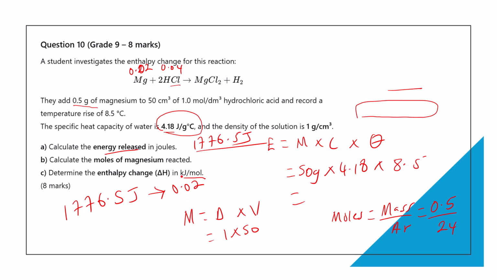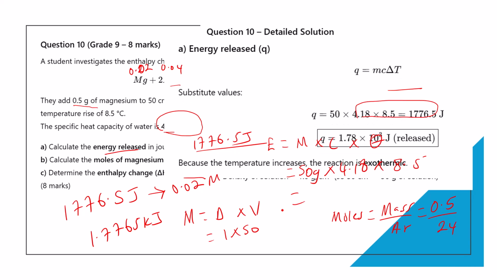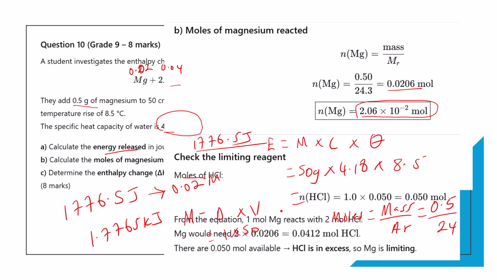But they are talking about kilojoules per mole. You can change this to kilojoules by dividing by 1,000, and that will be 1.7765 kilojoules. But this is for 0.02 moles. We want it for 1 mole. So we need to divide that by 0.02. That's what we need to do.